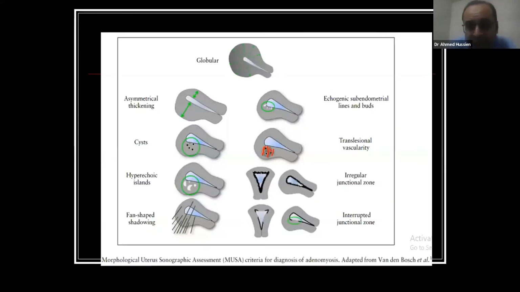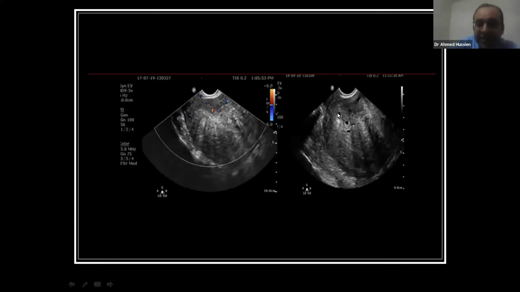The second pathology in the myometrium is adenomyosis, and we know the criteria to diagnose adenomyosis: asymmetrical thickening, the myometrial cyst, the shadowing, the irregular junction zone. This is the myometrial cyst. This is asymmetry between the anterior and posterior wall and linear striation.